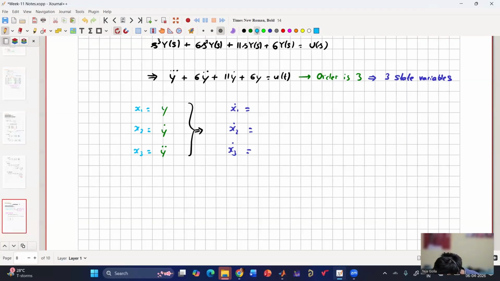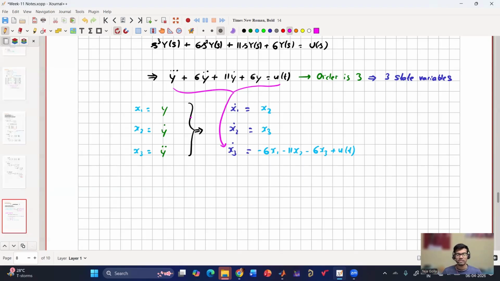So x1 dot is x2, x2 dot is x3, x3 dot is minus 6x1 minus 11x2 minus 6x3 plus u of t, which is what we are getting from the given equation.